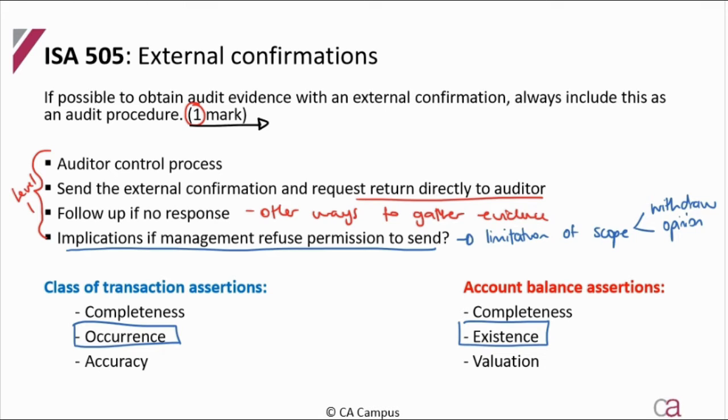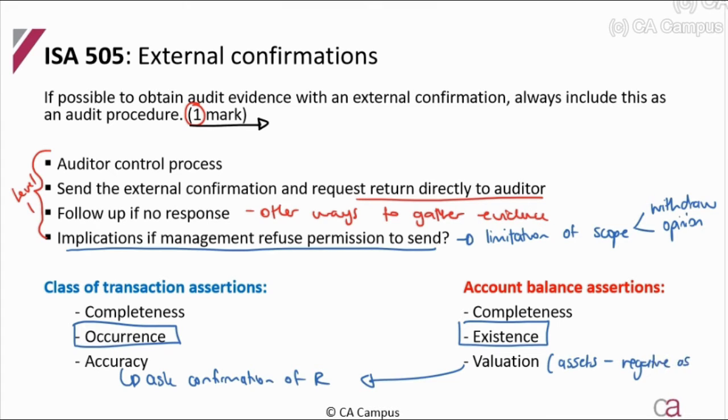But for accuracy, you could actually ask them for confirmation of the rand amount, which you can do the same then for valuation. But remember, for valuation it's a little bit tricky, because for your assets there's still those negatives, assets, depreciation, amortization, all of those.